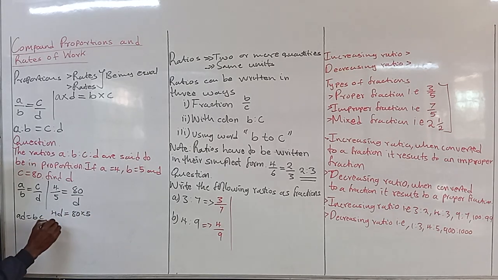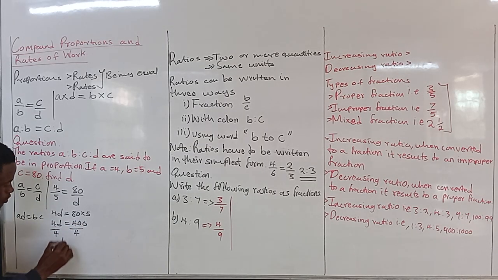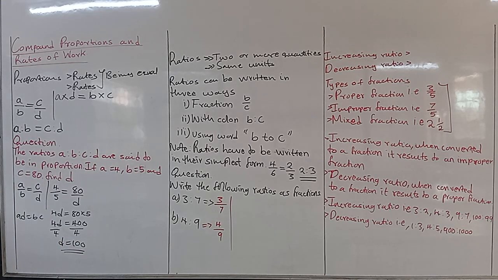So 80 times 5 is 400. 4D is equal to 400. Divided by 4, divided by 4, our D is equal to 100. That is the value of D.